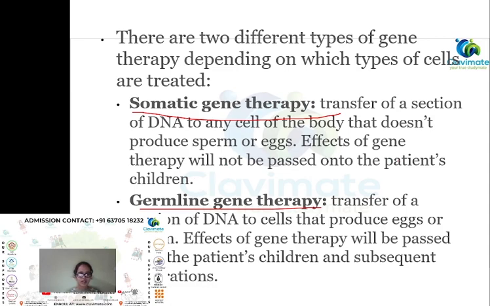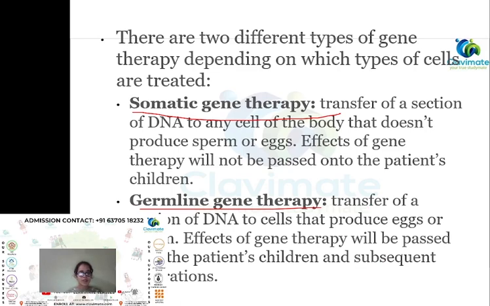So here we are not going to transfer the section of DNA into any cell that is going to produce sperm or eggs, so that whatever we are introducing into the human body is not going to pass on through generations. Germline gene therapy means transfer of a section of DNA to cells that produce eggs also.